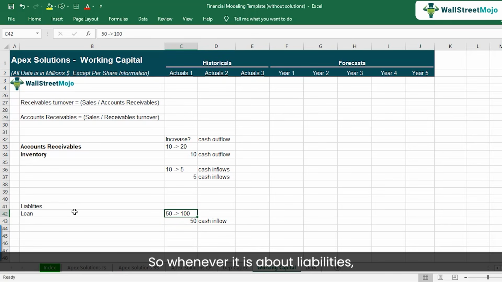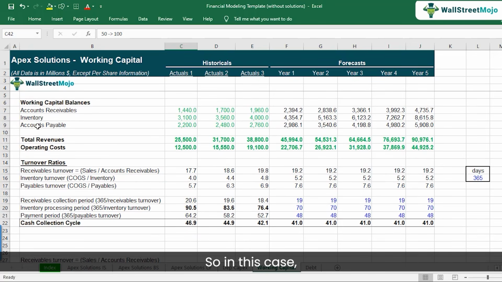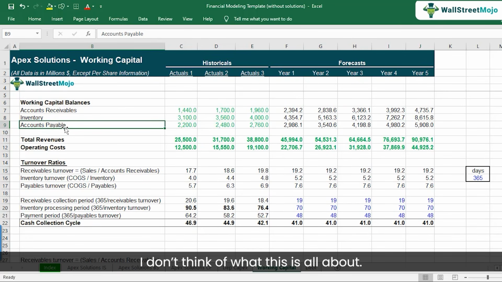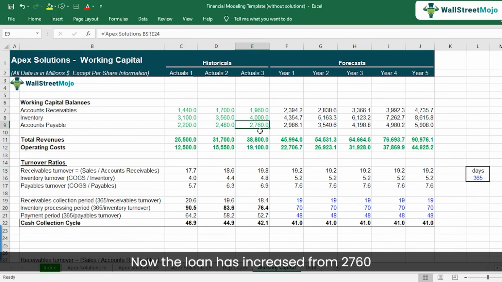So whenever it is about liabilities, I think of a loan. If the loan has increased, it's a cash inflow. If the loan has decreased, that is, I would have made the payments, so it will result in cash outflow. So in this case, when it comes to accounts payables, I don't think of what this is all about. I just think of it like a loan. Now the loan has increased from 2760 to 2986.1.